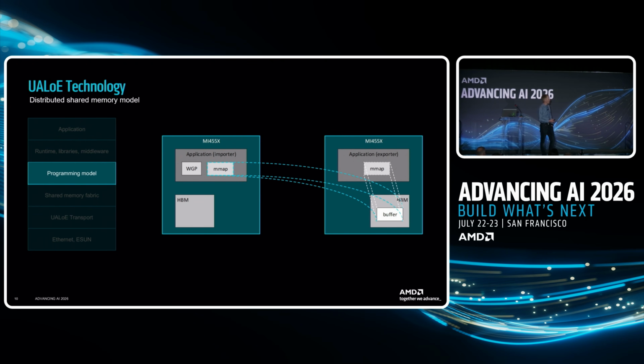And the other application invokes an import operation. What that does is it creates a virtual memory mapping for that application onto the remote memory. So once you've got that mapping, the local processor on the GPU can do loads and stores, reads and writes through that virtual memory mapping and access the remote memory directly.